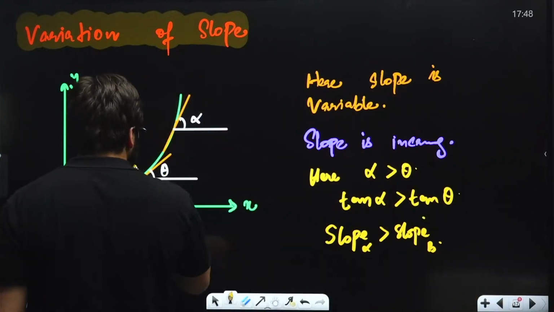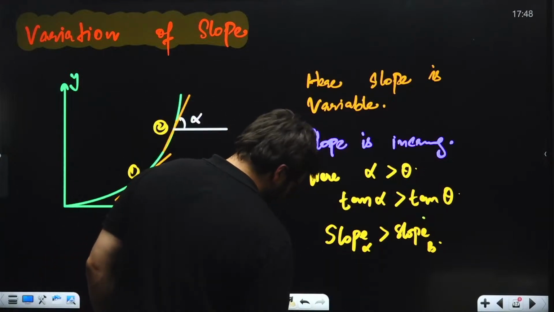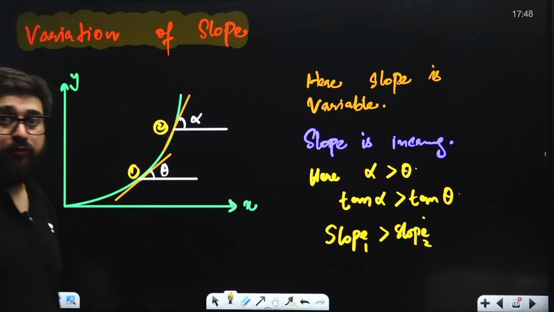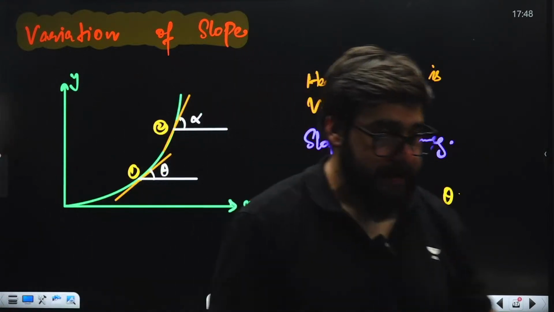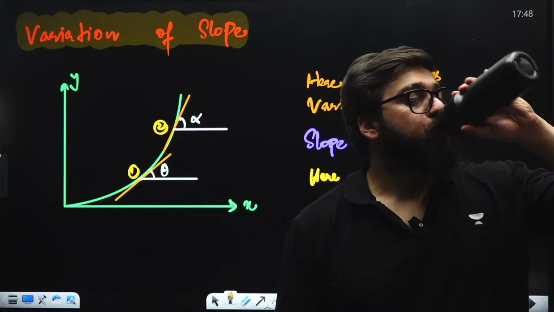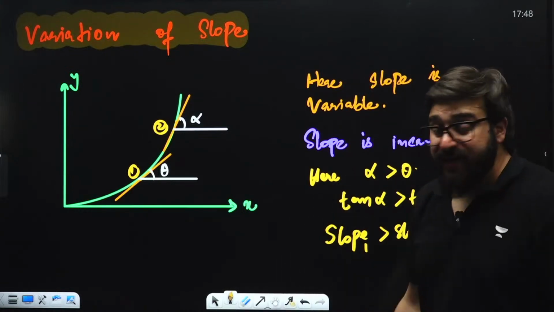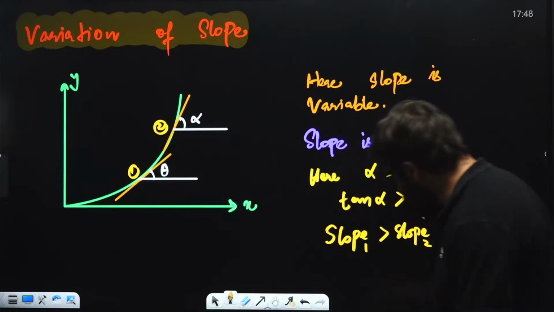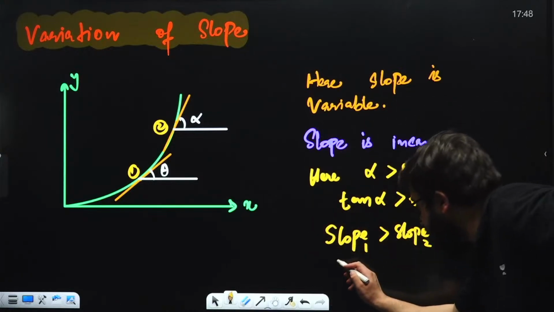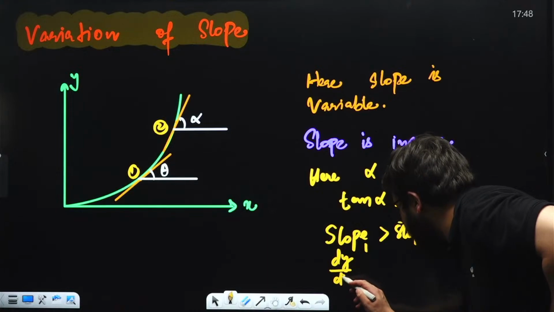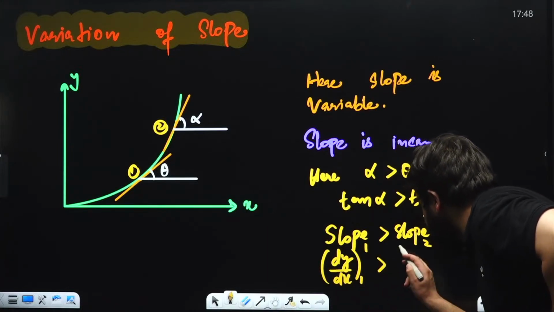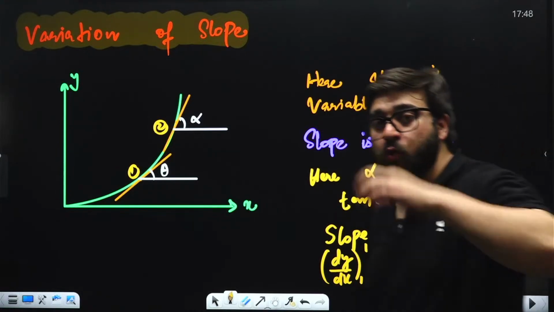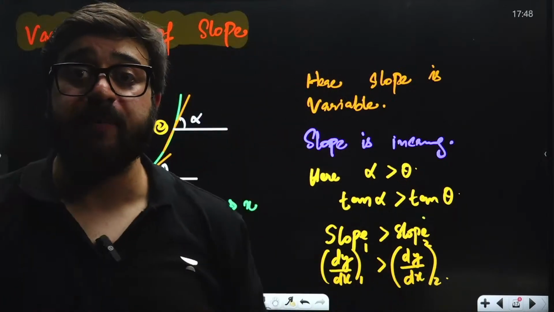Slope at point 1 is greater than slope at point 2, so I'll mention 1 and 2 over here. So dy by dx at point 2 is less than dy by dx at point 1. Either you say slope or you say dy by dx, it's one and the same thing, because that also represents the slope at a point.